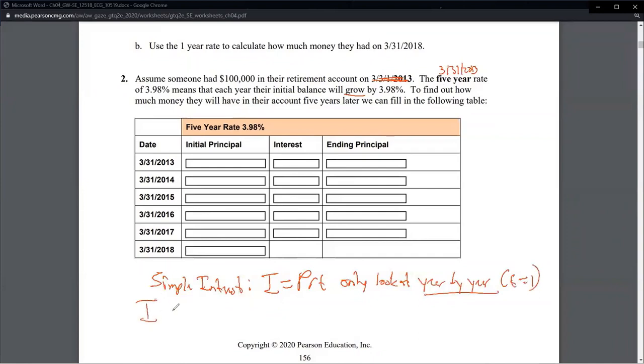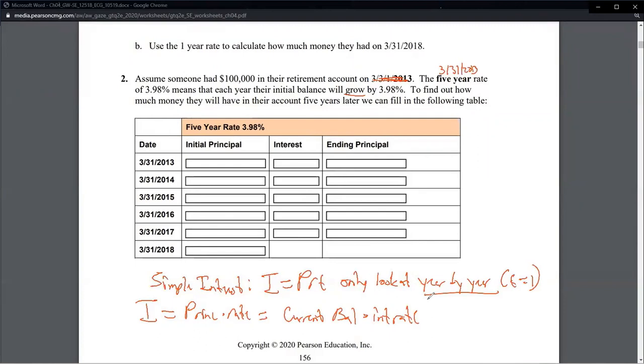So a better way of saying this is that the interest is just the principal, or the current balance, times the interest rate. Write out these formulas however it makes sense to you. This was one of the very first formulas we gave you back in chapter 1, those finance formulas. How do you find an interest? You take the balance times the effective rate.